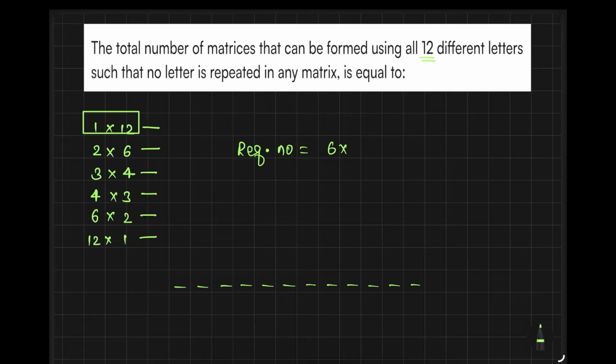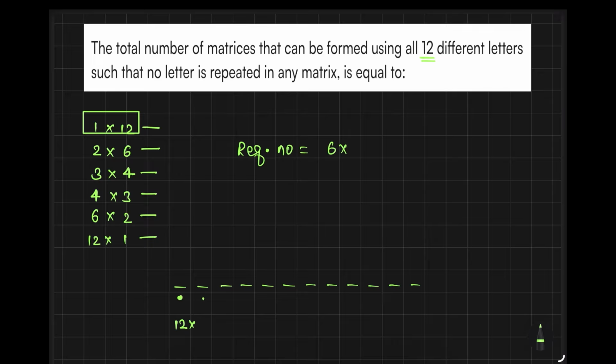So there are 12 empty spaces. For this place, how many elements do we have? We have 12 elements. Correct? Now, is your task completed? No. So you have to multiply.